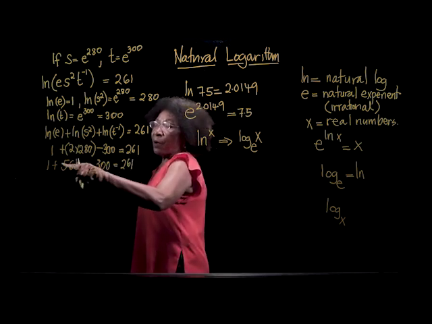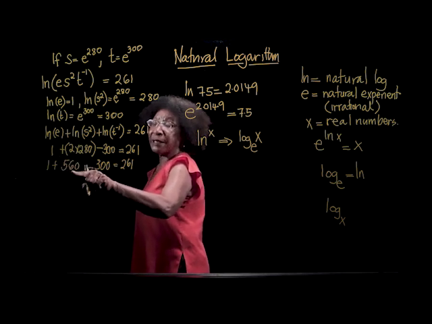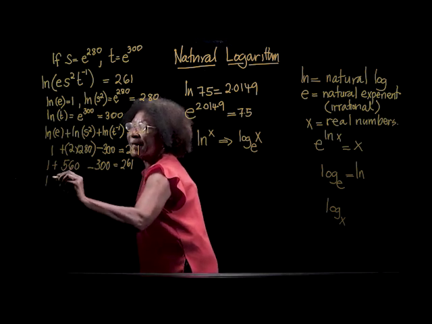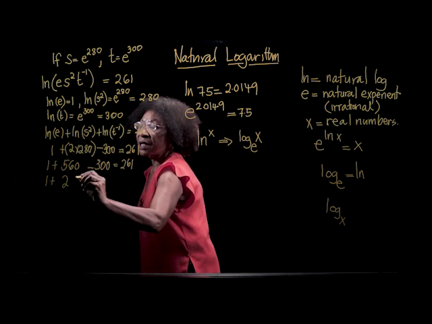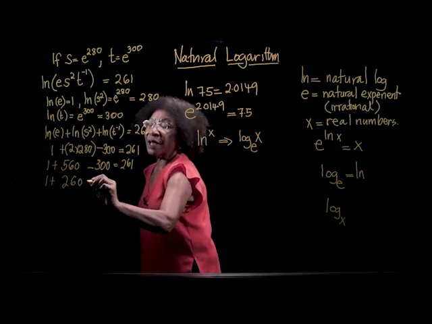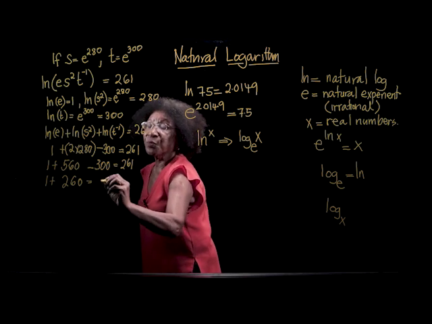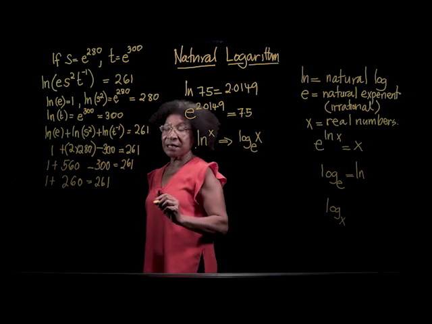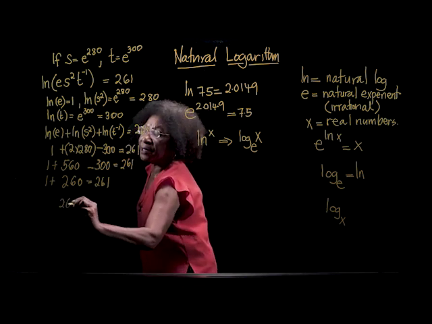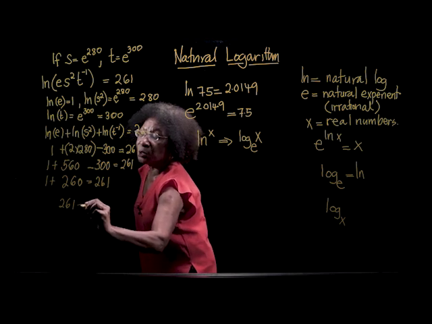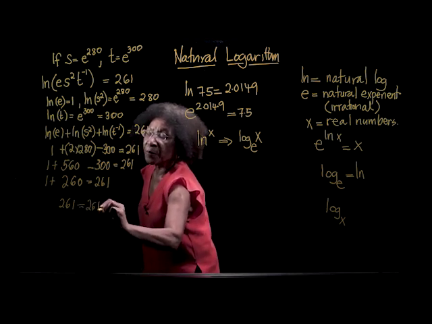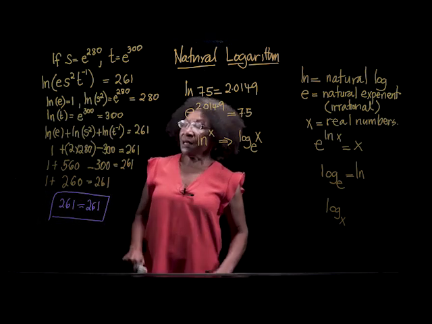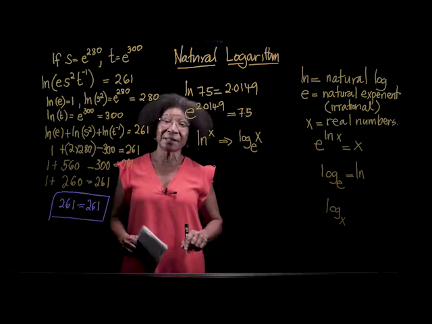The sum of 1, leave it. 560 subtracting 300 would give me 260, adding that onto 1, and that is equal to 261. 1 plus 260 would give me 261, which is equal to 261. I am satisfied that everything on the left-hand side is equal to 261 on the right-hand side.